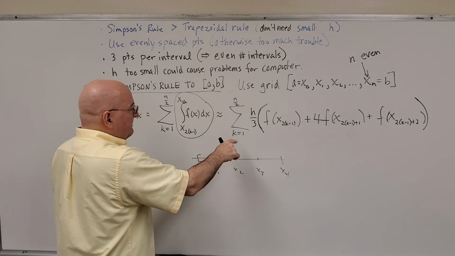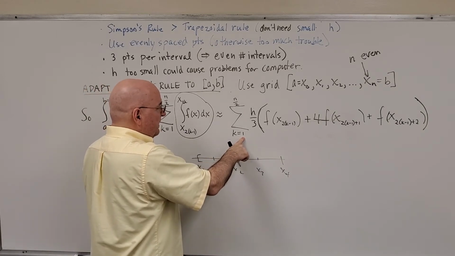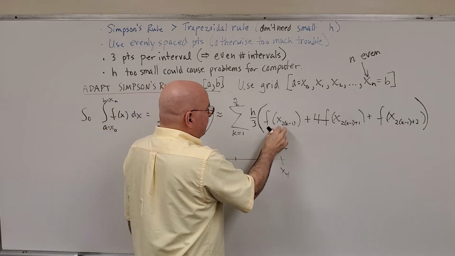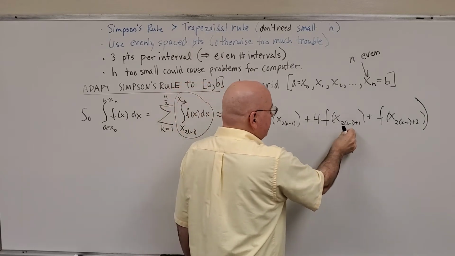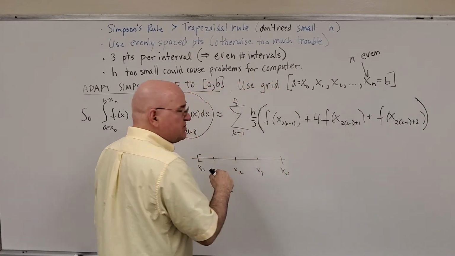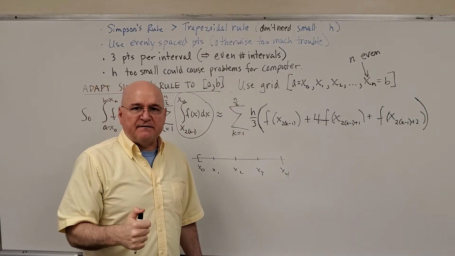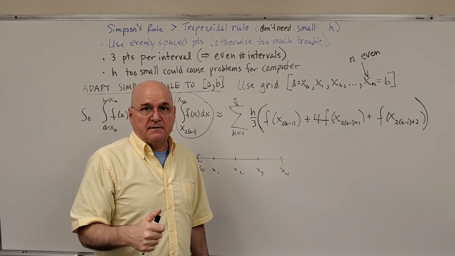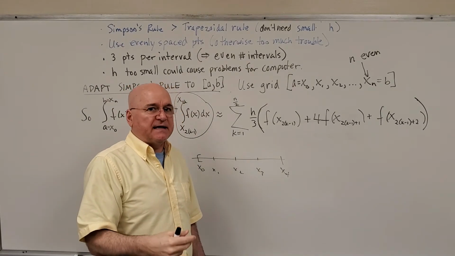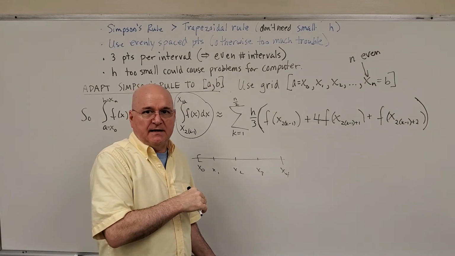But the next time, k becomes a 2. This is going to go from f of x2, f of x3, f of x4. F of x2 was already computed in the previous iteration. So we shouldn't have to plug x2 into the function again.